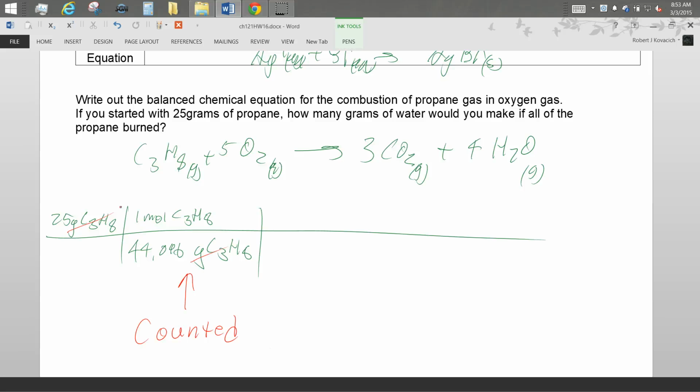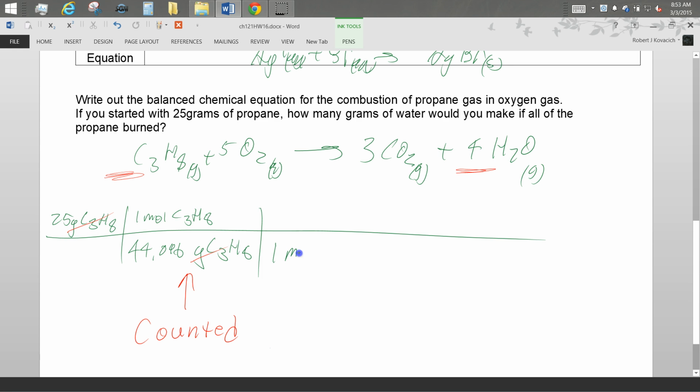So if I did the math for this, I would know how many moles of propane I have, and that would tell me how many actual propane molecules I have, which I have to know, right? Because up here, one propane molecule makes 4 water molecules.